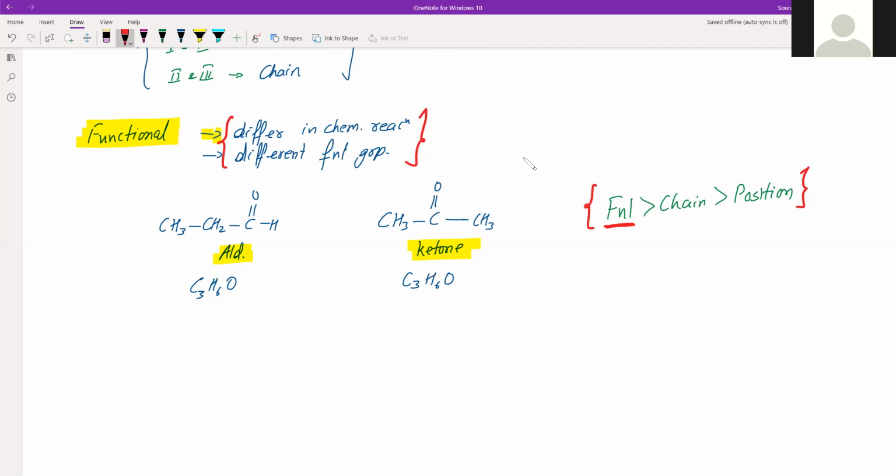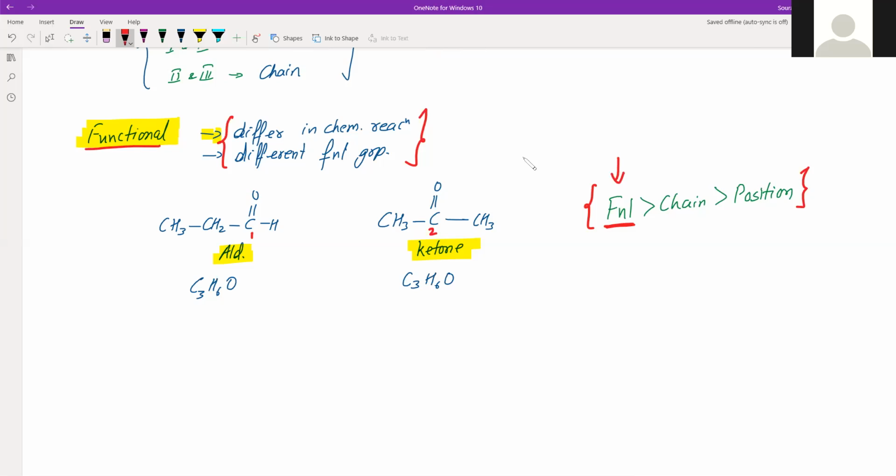In fact, they have the highest priority. Functional group will have the highest priority. So you can see that this position is 1, here the position is 2, so this could be a positional isomer as well. But no, it is not a positional isomer. It is actually only functional isomers.